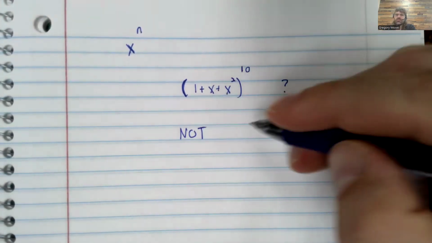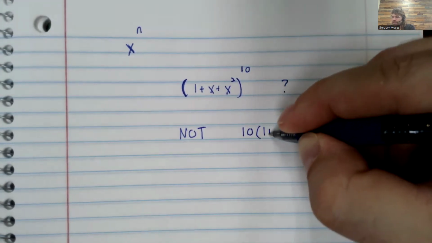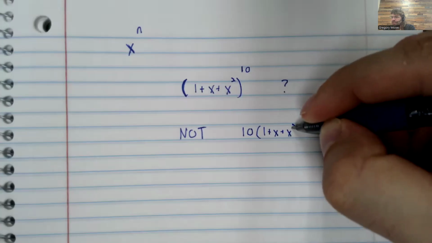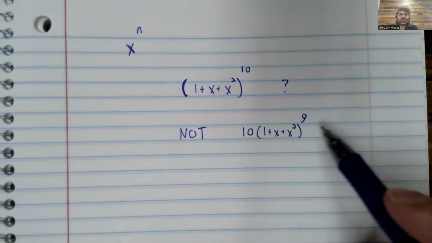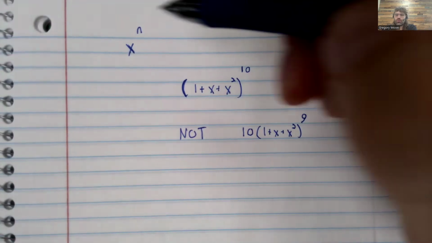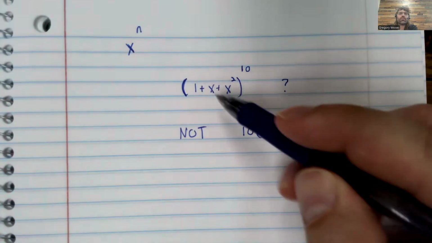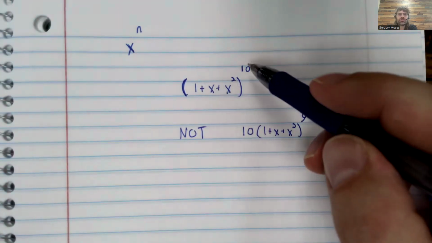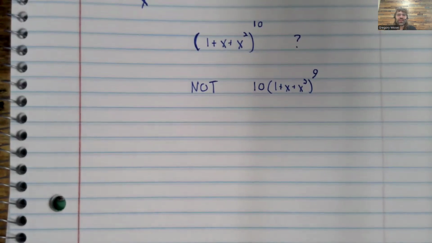That is to say, this derivative is not 10 times this quantity raised to the 9th. We need other tools here. So this power rule works for x raised to the n. It does not work for more complicated expressions raised to the n. And with that, we learn quite a bit of material in this section, and I will leave you to digest that.